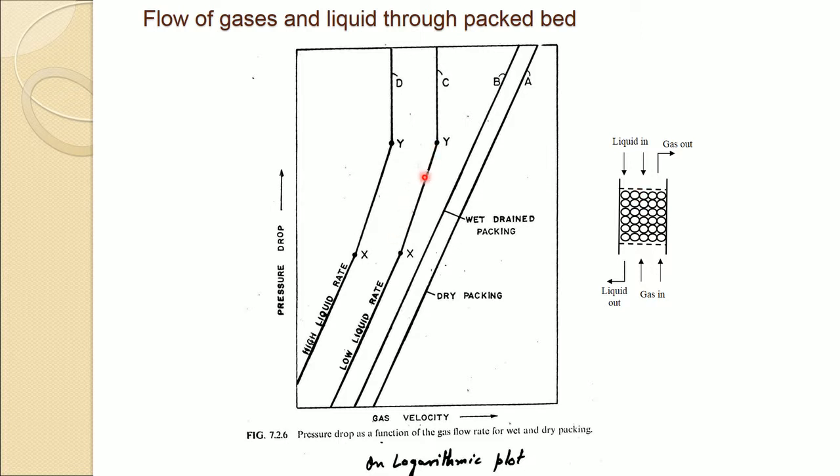So, that is a loading condition, and one situation will come, then most of the voids are even filled up with the liquid, because the gas velocity is high enough.